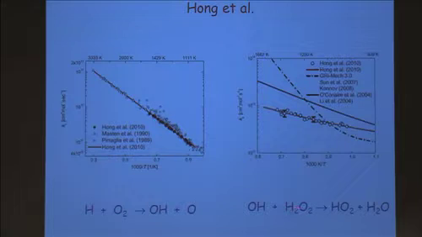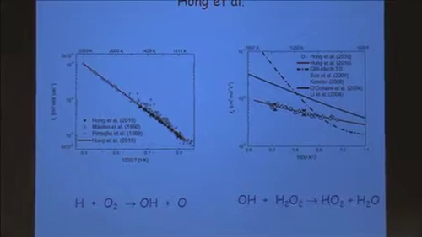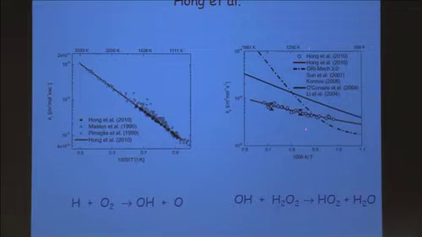Then this is a reaction in which there's much more uncertainty, OH plus hydrogen peroxide. Here's the experimental results from Hong et al. Here's the Hong et al. fit to those data. So that's the rate coefficient for OH plus hydrogen peroxide. And this slide compares those results with estimates, with parameterizations of the rate coefficients for this reaction in a range of mechanisms.